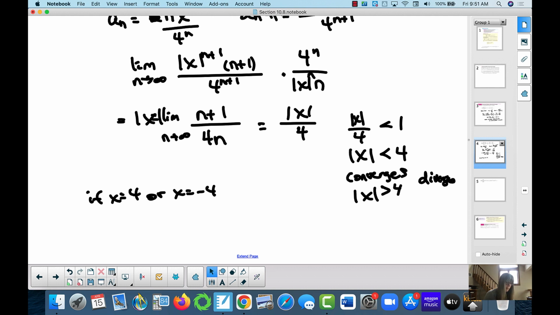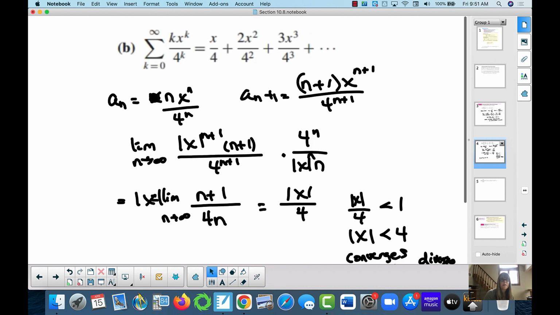So if we plug those in to the original series, and we look at what happens when x is 4 or x is negative 4, I get 4 over 4, I get 4 squared. So what's happening is these numbers just keep getting bigger. So the series diverges, because it just keeps getting bigger, so it's not going to converge to a sum.